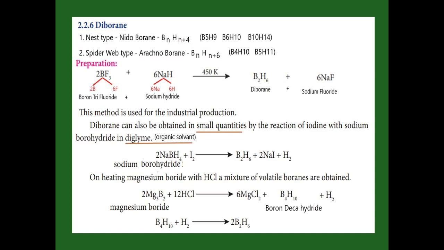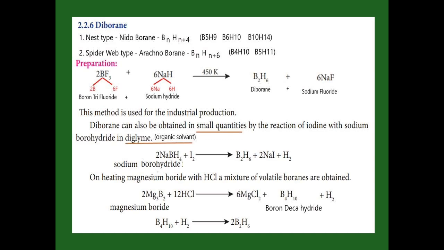Now another reaction: magnesium boride is reacted with HCl. It gives a mixture of volatile boranes. In the first reaction, magnesium boride, Mg3B2, plus 12 moles of HCl gives magnesium chloride along with B4H10, that is tetraborane, plus hydrogen.